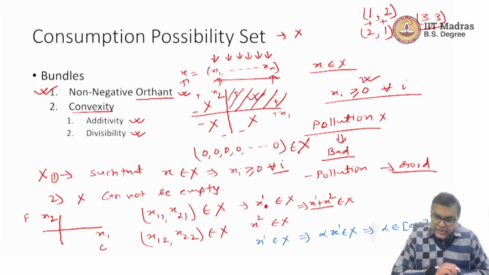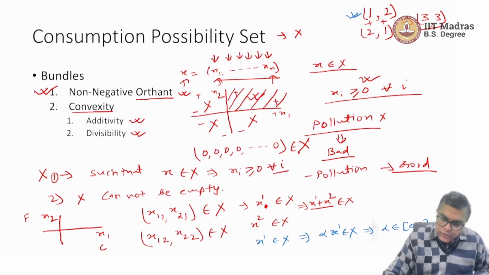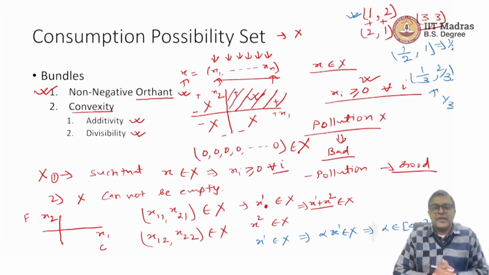So, if you are thinking of 1 comma 2, you are also able to think of half comma 1, or you are also able to think of 1 by 3 comma 2 by 3. Here we have used alpha equal to half, here I have used alpha equal to 1 by 3.